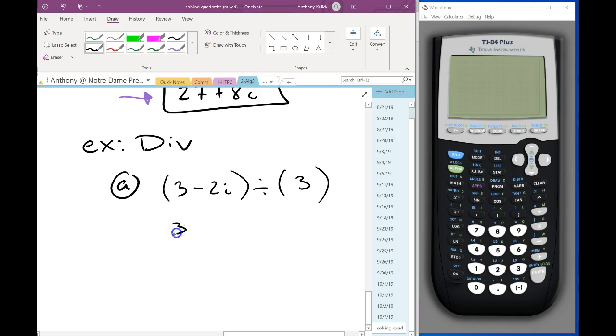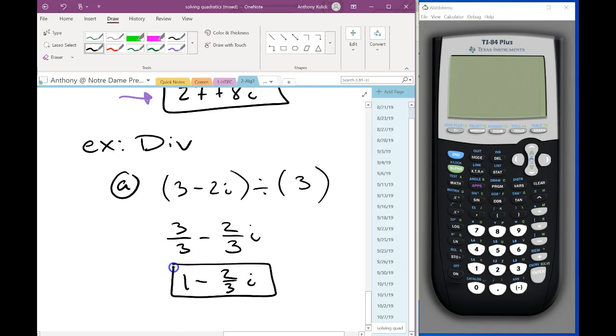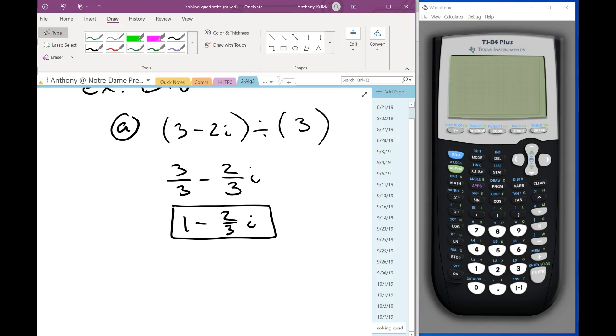So I'm just going to write this as 3 divided by 3 minus 2 divided by 3, or just really 1 minus 2/3 i. That's easy, right? If I'm going to divide a complex thing by a real number, you just write each as a fraction and reduce if you can.